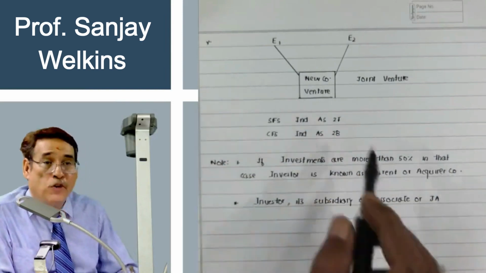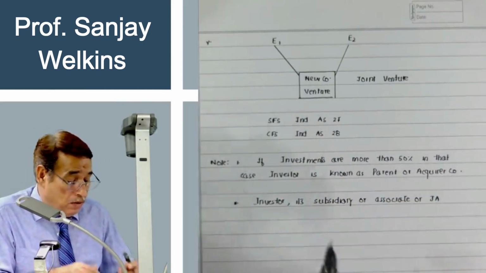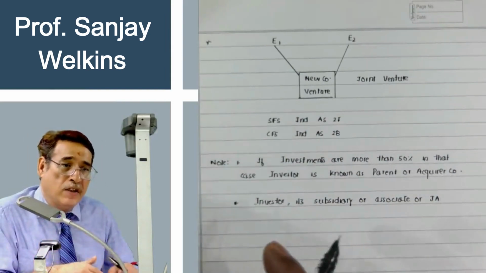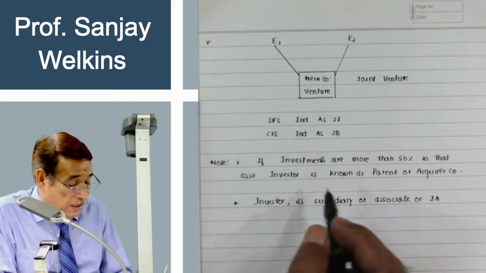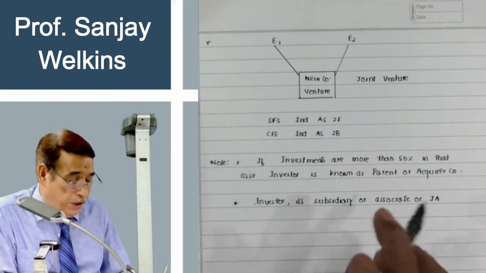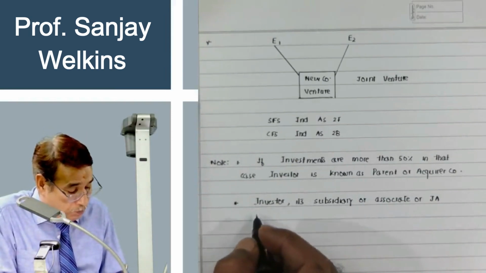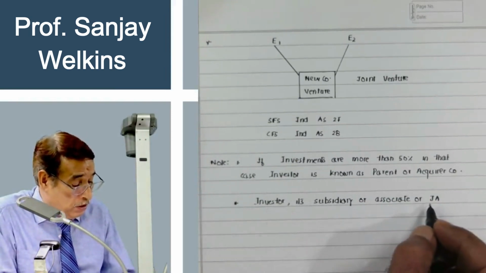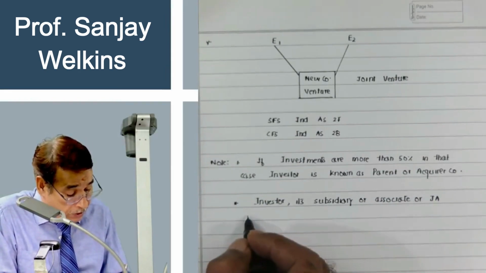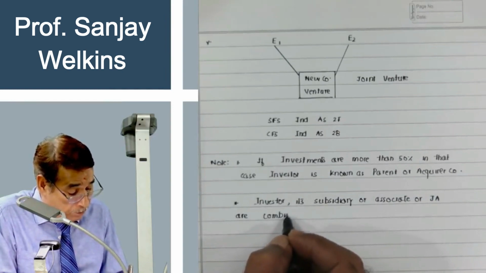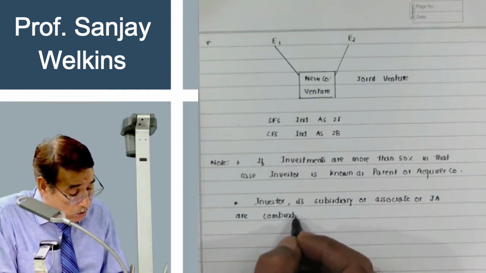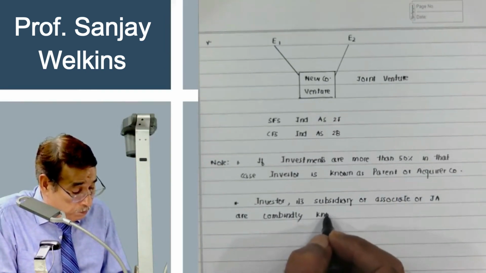We were talking about joint arrangement earlier. So if I am an investor and I have a subsidiary or an associate or a joint arrangement, in that case, combinedly, all these will be known as group. Investor, its subsidiary or associate or joint arrangement are combinedly known as group.